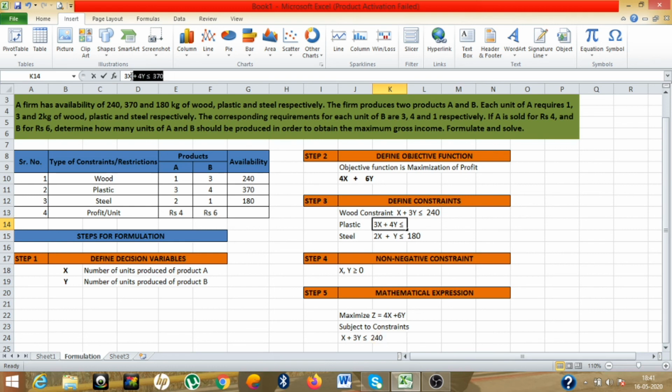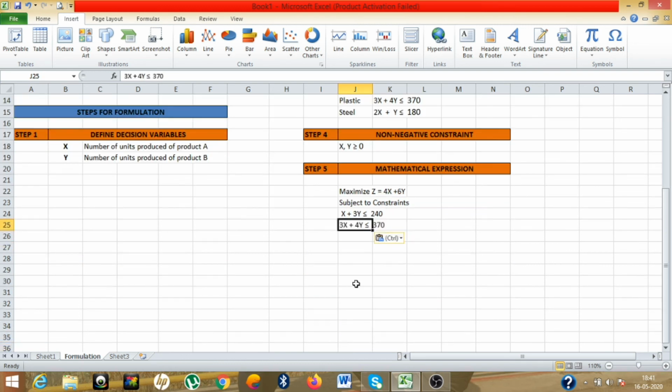Second constraint is plastic constraint, 3x plus 4y less than equals to 370, and third constraint is steel constraint, 2x plus y less than equals to 180, and non-negative constraint x, y greater than equals to 0.